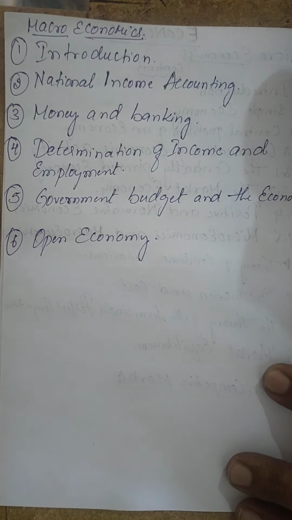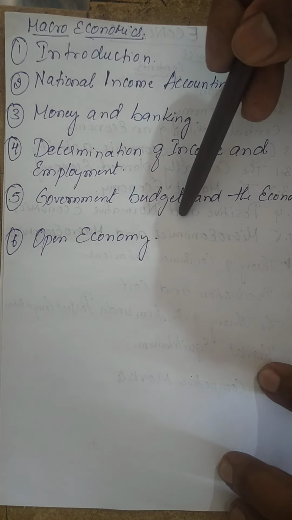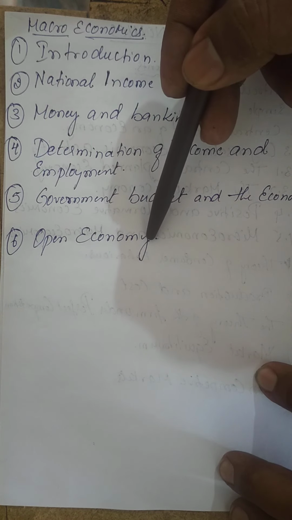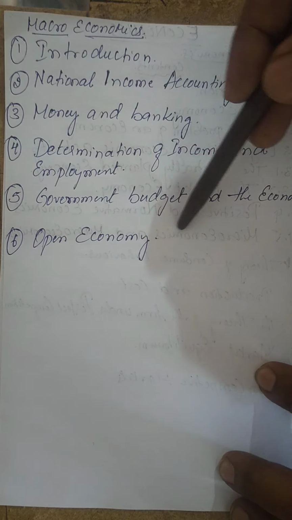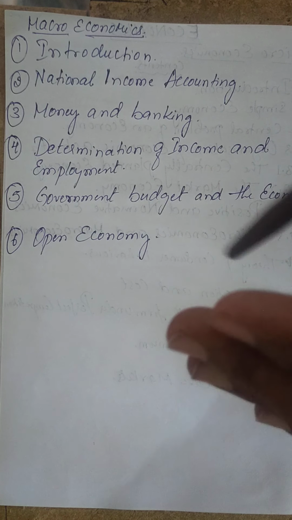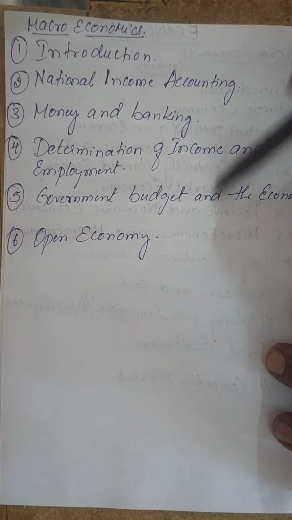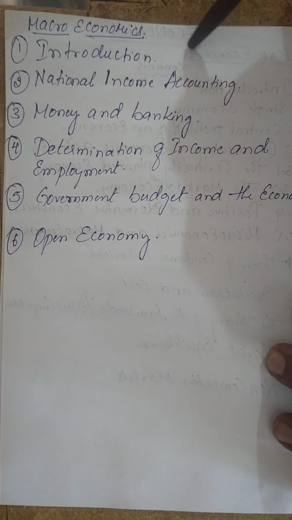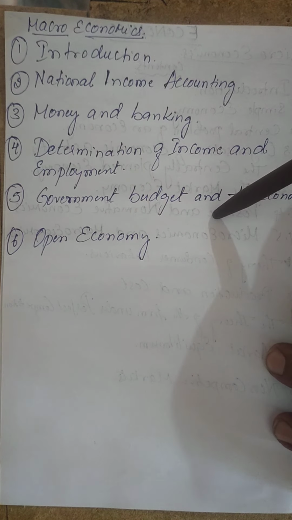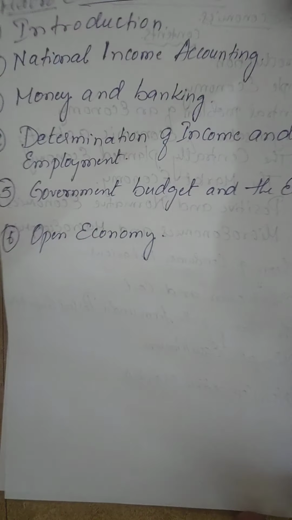Coming to the sixth chapter, it is open economy, which is free, where the producer can carry out economic activity anywhere and everywhere. All these things come under macroeconomics. So these 6 chapters plus the 6 chapters of microeconomics make up your economics for this academic year.